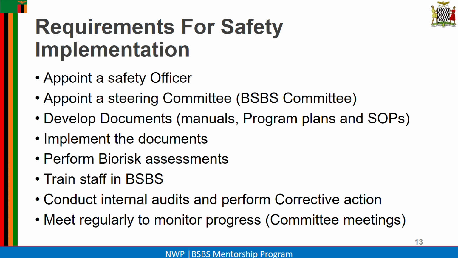Then if you have the numbers and you are able to create a committee, you need to appoint a steering committee. So in this case, you need to have a biosafety and biosecurity committee. The committee can have as many people as you want. If you have the numbers, you can have 10 people, or 20 people. That's okay. But if you do not have the numbers, 2 people or 3 people is enough for you to say you have a committee.